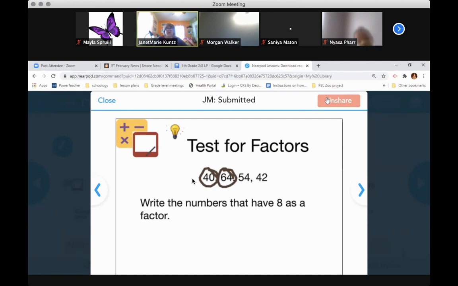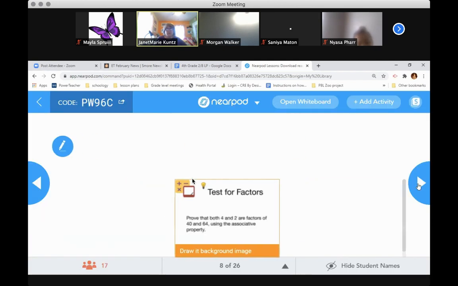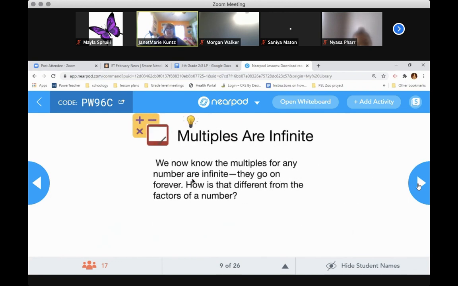You should have gotten 40 and 64 because 8 times 8 is 64. 5 times 8 is 40. All right. We're not going to do this associative property.